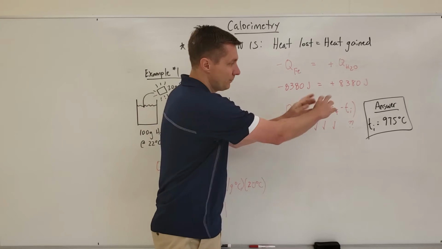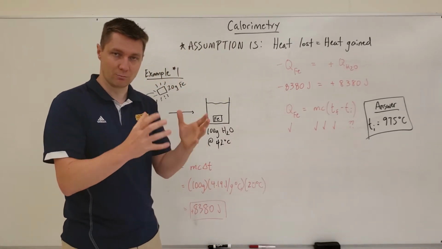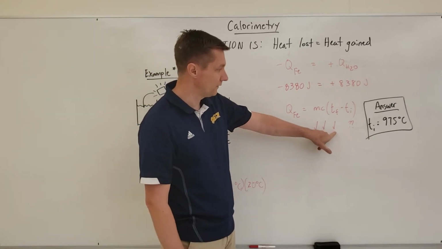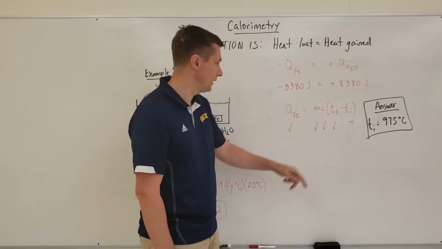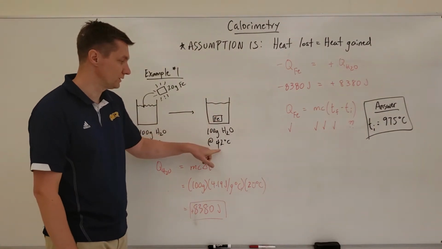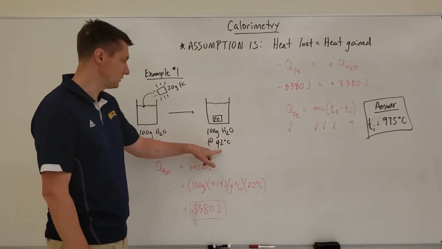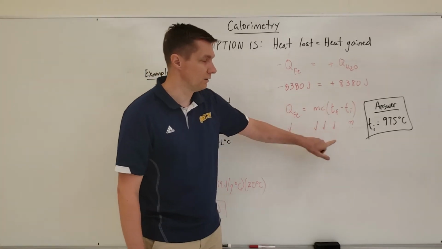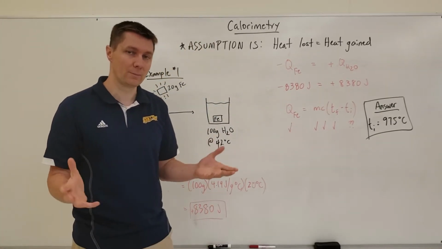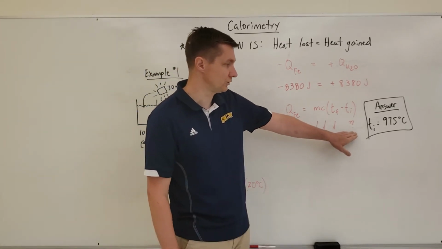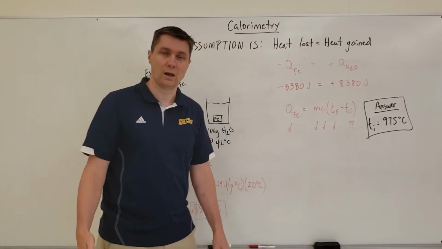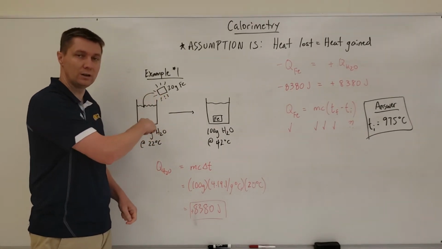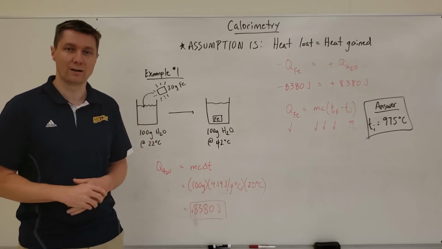I've broken up the delta T into its components, temperature final minus temperature initial. The temperature final for the iron block is 42 degrees Celsius, so we can plug that number into the formula. The only parameter we don't have is the initial temperature of the iron block, just prior to us putting it into the water. How hot was this block of iron actually?